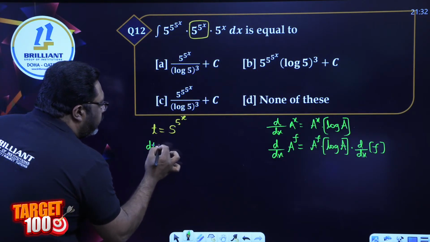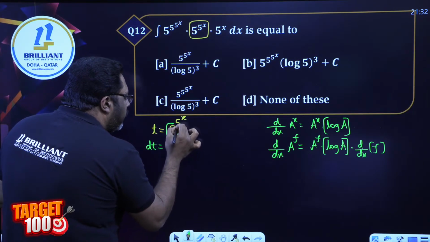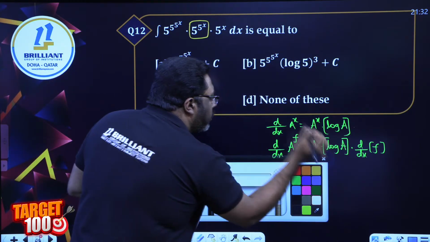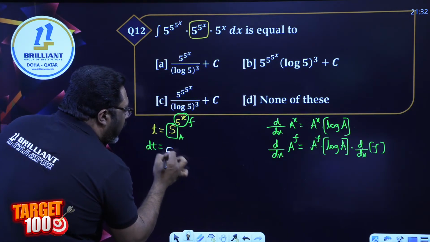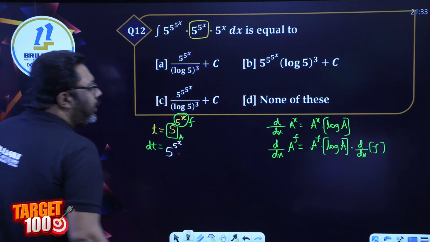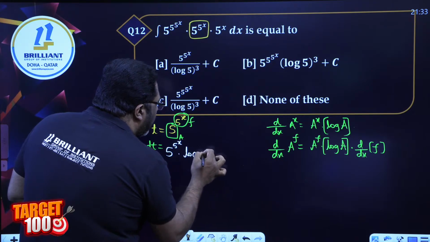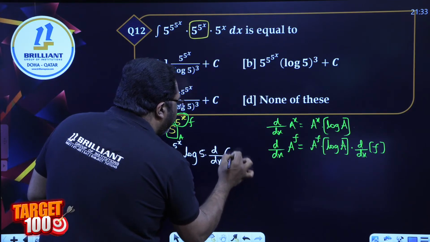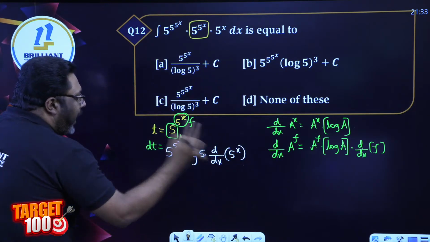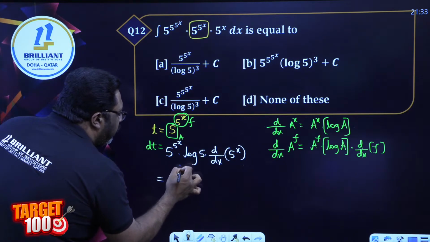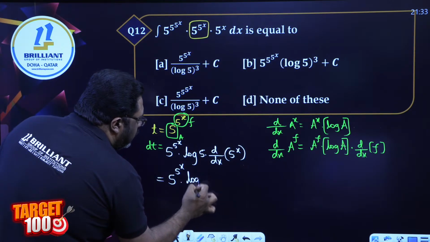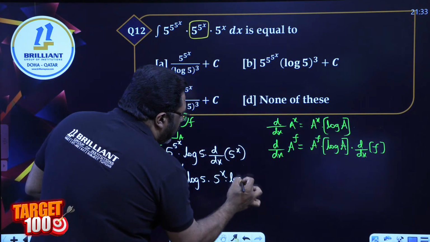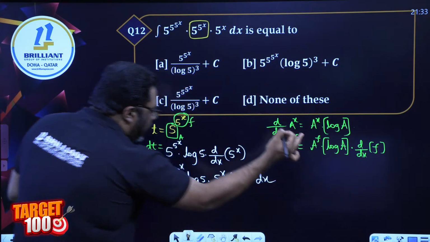What's going to be dt then? Apply the chain rule here. It's going to be a raised to f into log a into derivative of 5 raised to x. Apply that once again. So 5 raised to 5 raised to x into log 5 into 5 raised to x into log 5 dx. Derivative complete.